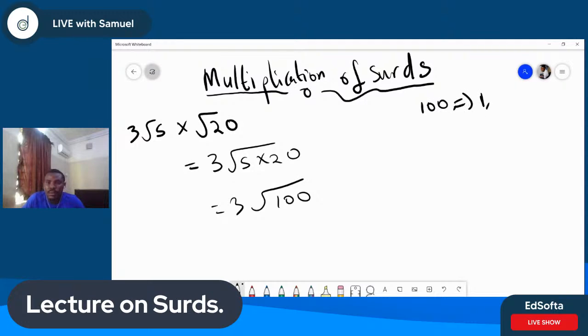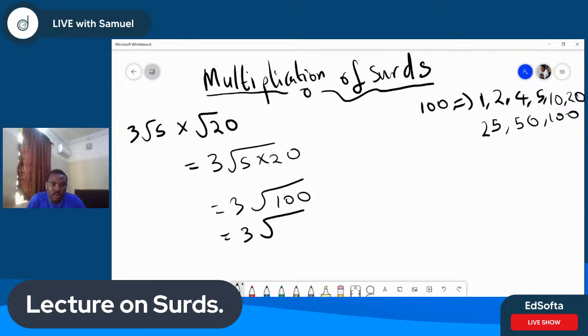100 has 1, 2, 4, 5, 10, 20, 25, 50, 100 as factors.